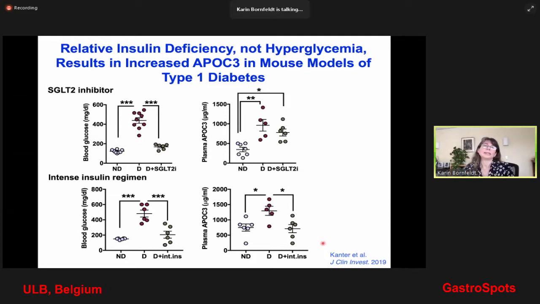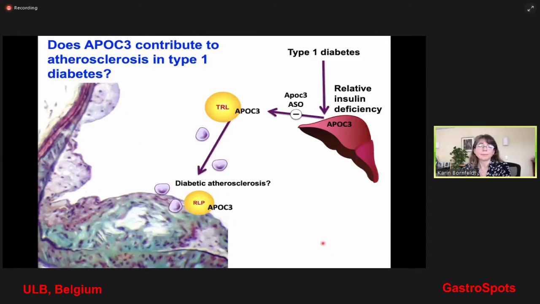So this suggests that relative insulin deficiency rather than hyperglycemia per se is a cause of the increased ApoC3 in the mouse models. But is ApoC3 a causative factor in diabetes accelerated atherosclerosis?